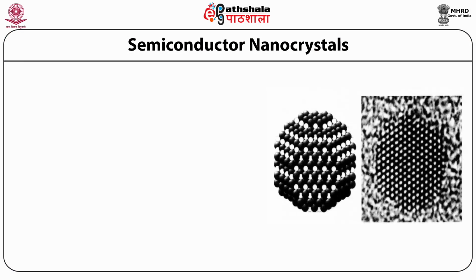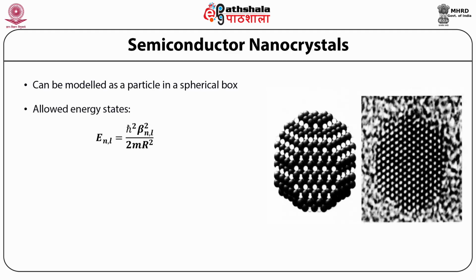Semiconductor nanocrystals. This figure shows an example of semiconductor nanocrystals. They can be modeled as a particle in a spherical box, and the allowed energy states are E_nl = ħ² β_nl² divided by 2m r².